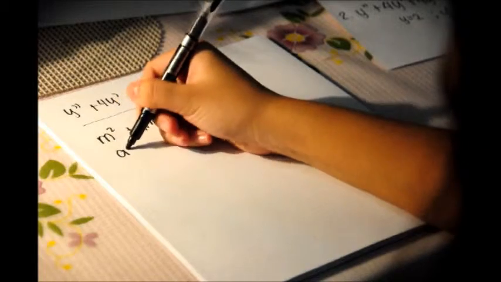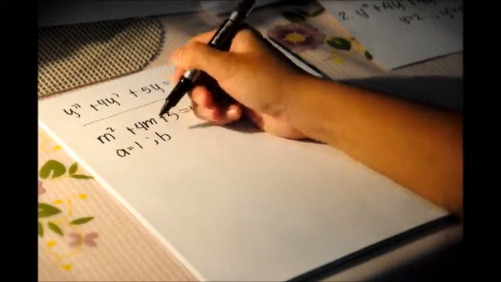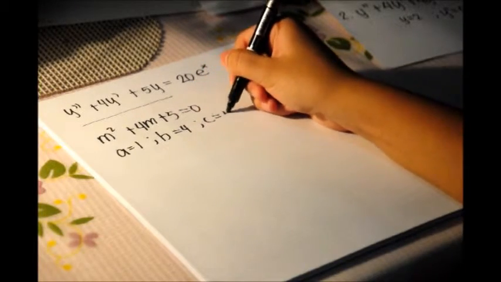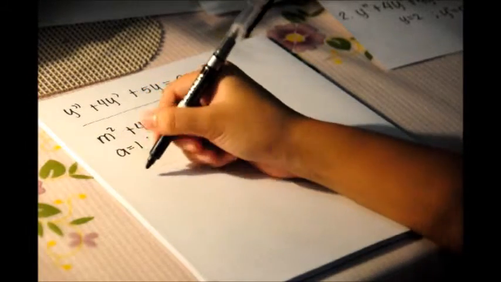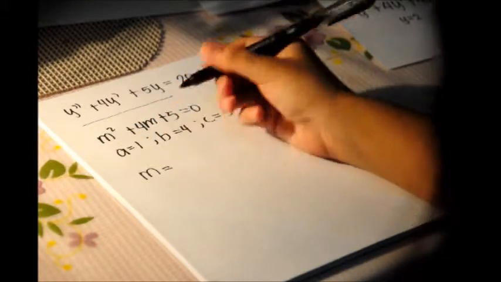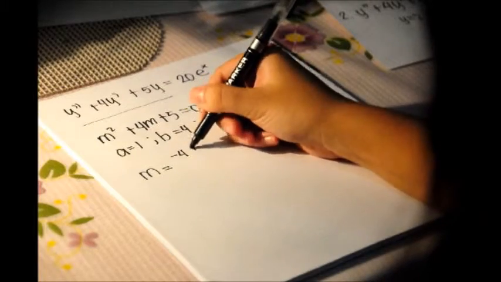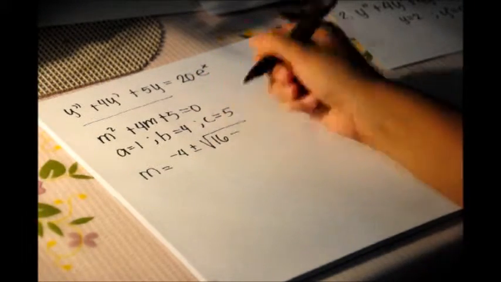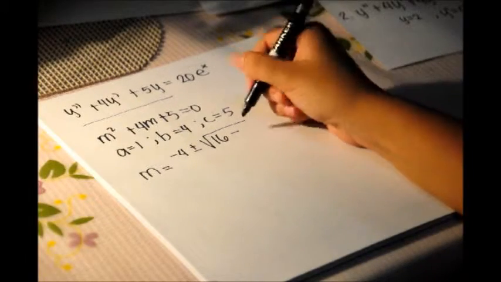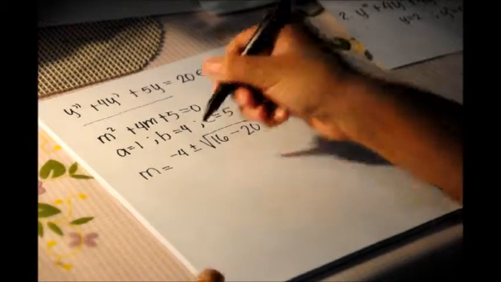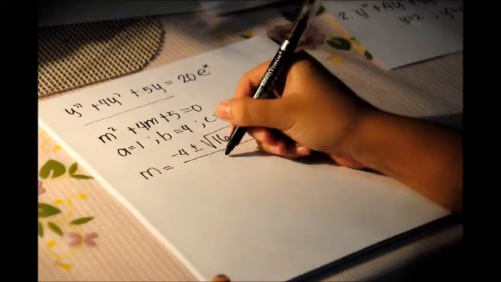So a is equal to 1, b is equal to 4, and c is equal to 5. Using the quadratic formula, m is equal to negative 4 plus minus the square root of b squared, which is 16, minus 4ac, which is 4 times a, which is 1, times c, which is 5, equal to 20, all over 2a.